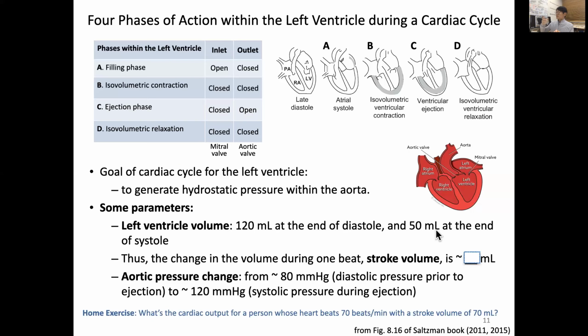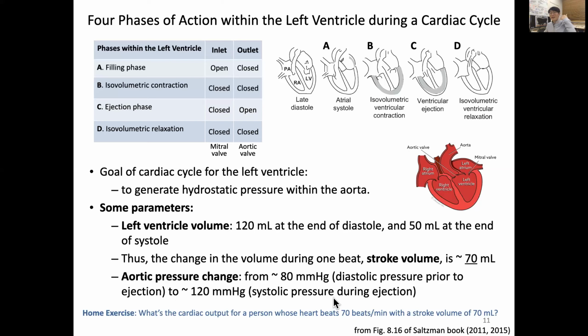This aortic pressure change, as you remember, is about 80 millimeters of mercury to 120. So 80 is the diastolic pressure prior to ejection, and the systolic pressure during ejection gives the highest pressure, 120 millimeters of mercury.